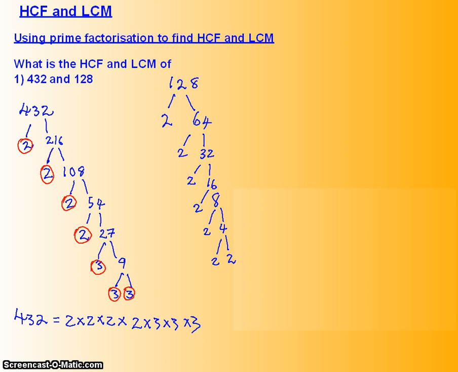So we circle our prime factors on the tree. So 2, 2, 2, 2 again, 2, another 2, and 2.